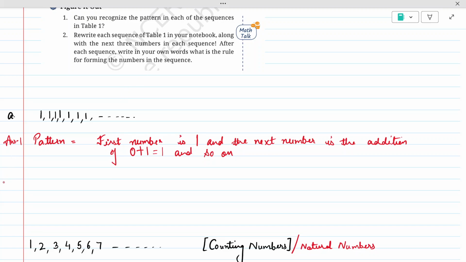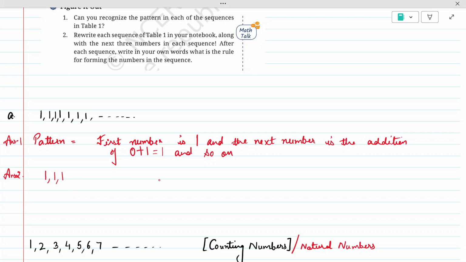Okay, so let us take this answer number 2. We have to rewrite each sequence for the next 3 numbers. Since it is the sequence of all ones, the next 3 numbers will also be 1, 1 and 1, right? And what is the rule for forming the number in the sequence?